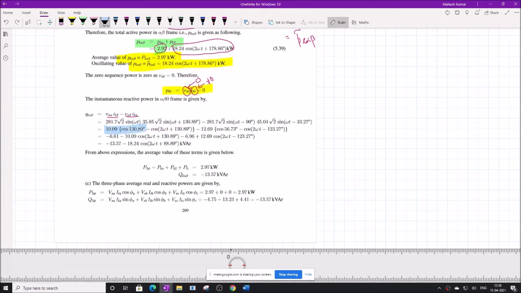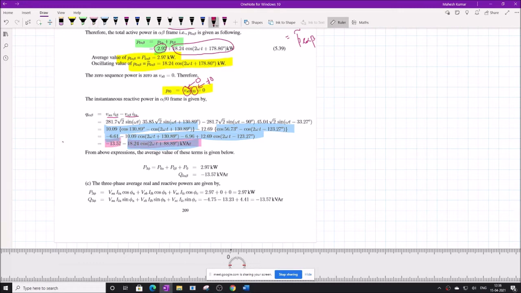Combine the real part, which is minus 6.61, and combine these cosine forms together, then it becomes this term. So finally, this is the oscillating value and this is the average value.